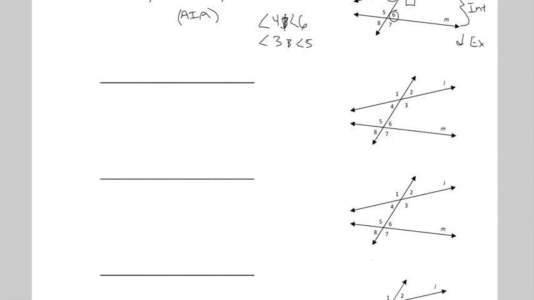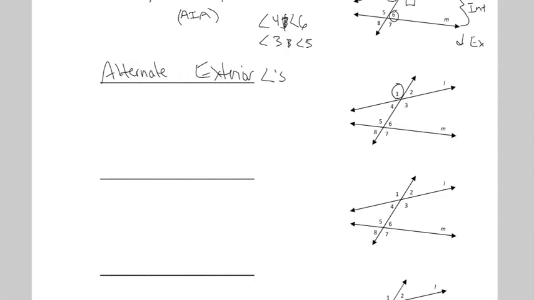Here's another one. Once again, kind of like instructions. Alternate exterior angles. Once again, that could be AEA. Well, give me two angles that are on the outside and switching sides.